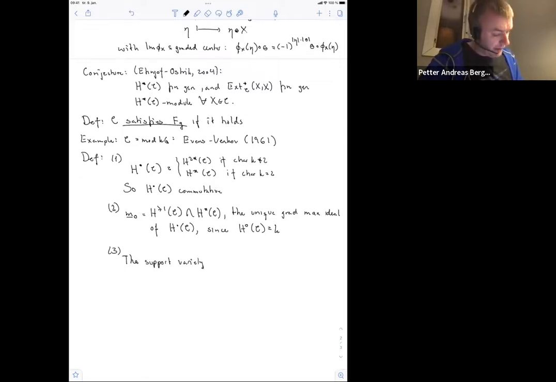So the support variety of an object X, we denote it like this. What's this?